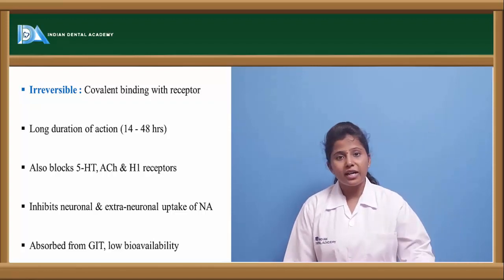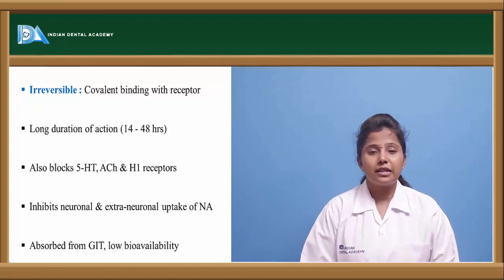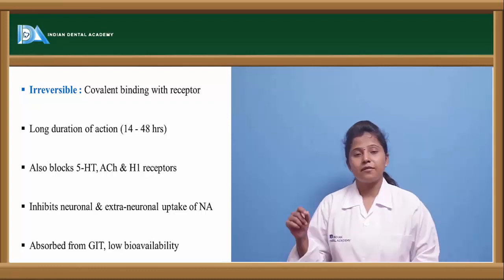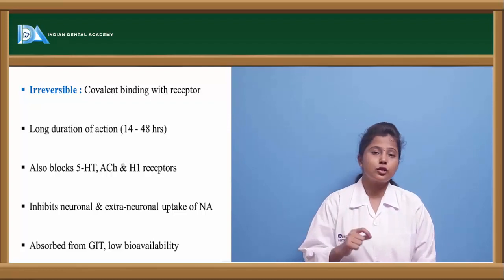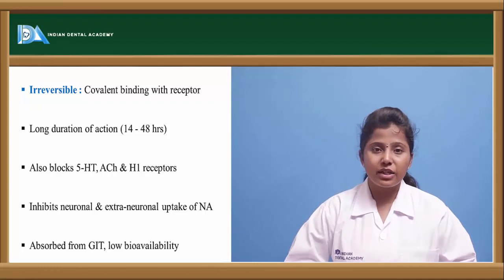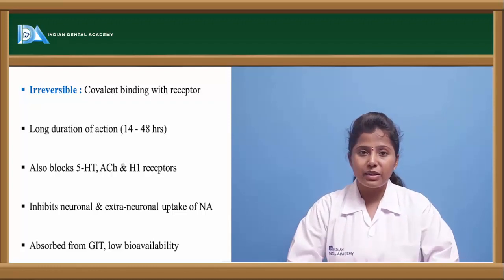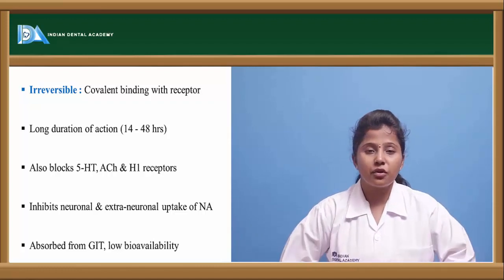Once the blockade occurs, that's all; the blockade is permanent. Phenoxybenzamine is clinically useful, but it should not be used in excessive doses. Because of the covalent binding with the receptor, the action is irreversible, and it has a long duration of action.